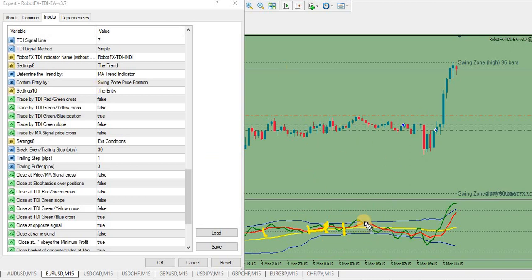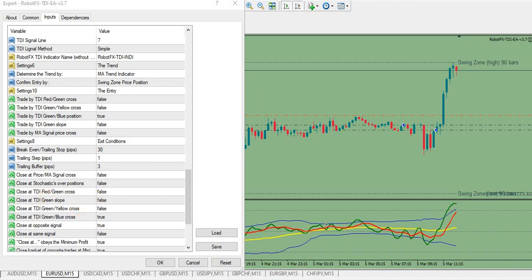So we have an uptrend. The expert advisor has opened a buy trade here, here, here, and here, and so on. And so far we will have 1, 2, 3, 4, at least 5 successful trades that will be in profit at this level with this scenario.